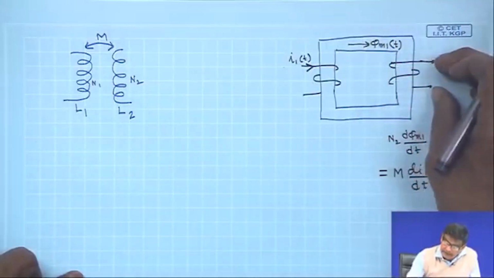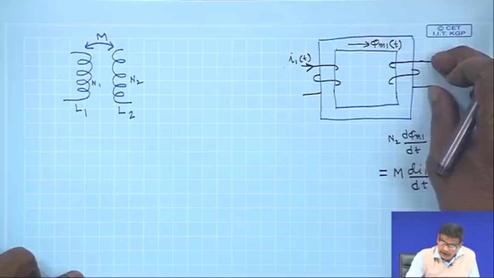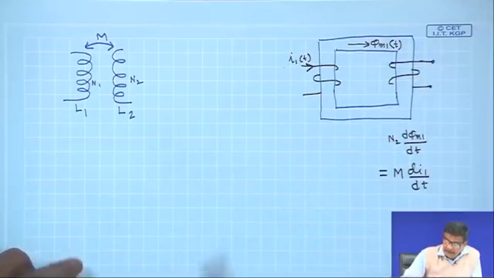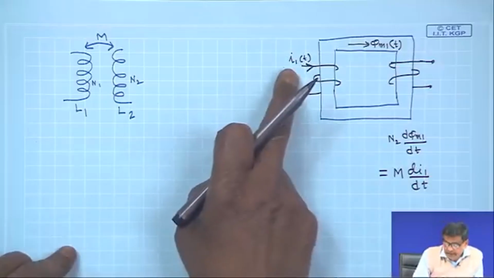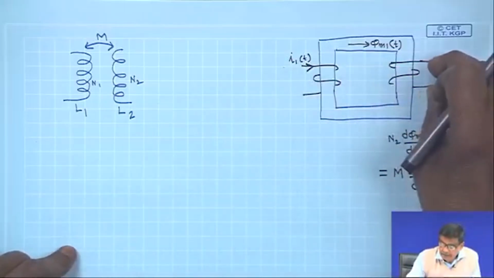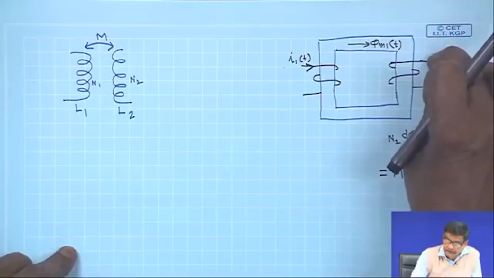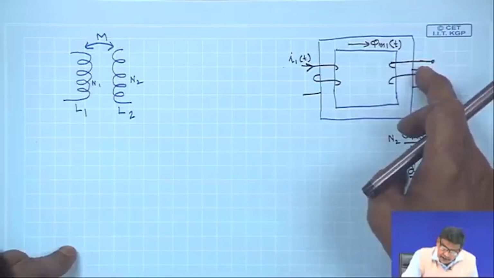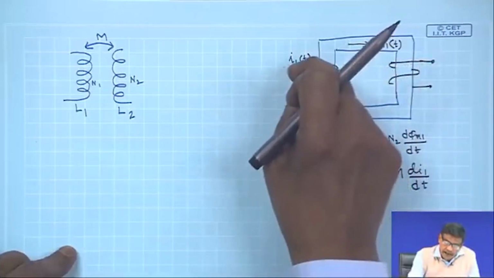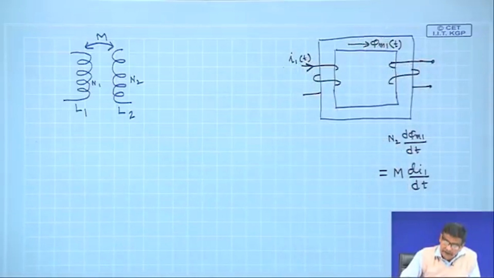So, the voltage induced across the second terminals can also be represented in terms of the mutual inductance. If there is a time varying current here, there will be an induced voltage here. If there is a time varying current in the second coil, there is bound to be an additional induced voltage across the primary, and we know that M dI1 dt.